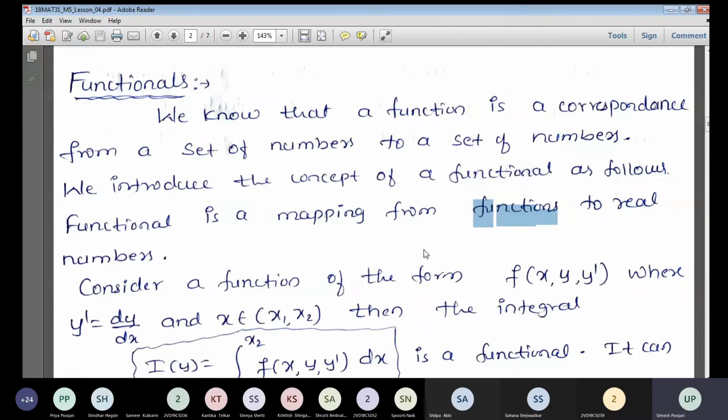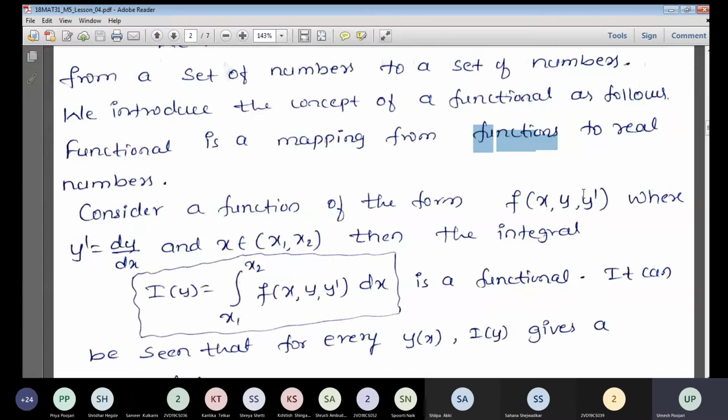But in a functional there will be one more variable, called y dash. If we consider a function of the form f of x, y and y dash, where x and y are the variables and y dash is nothing but dy by dx, the derivative of y with respect to x, and this x belongs to x1 comma x2, the range, where x1 and x2 are some numbers.